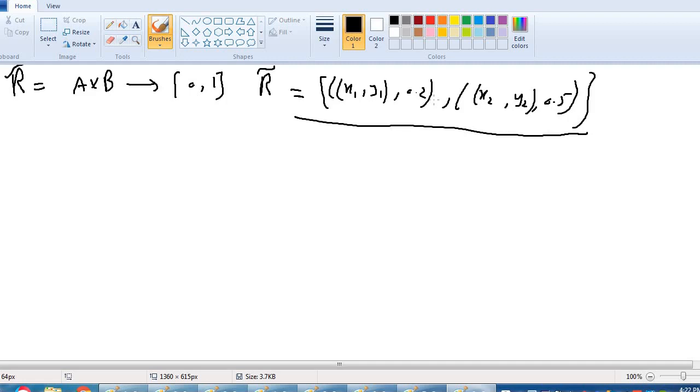Now we think about the complete relation of A cross B. What is the complete relation? Complete relation of A cross B in a fuzzy matrix.